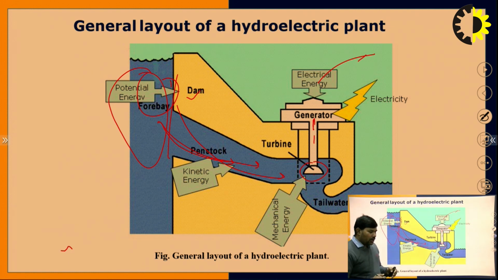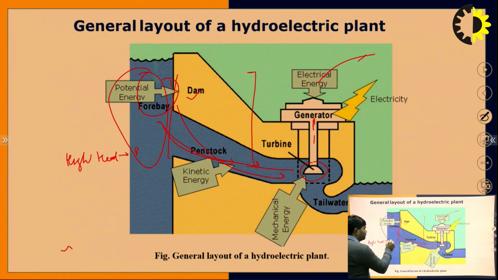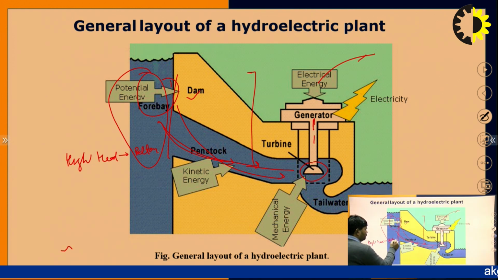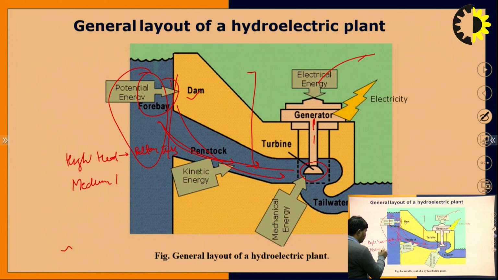First of all, it is according to the head available. If there is a high head, then the Pelton turbine is used. For medium head, the Francis turbine, and for low head, the Kaplan turbine.